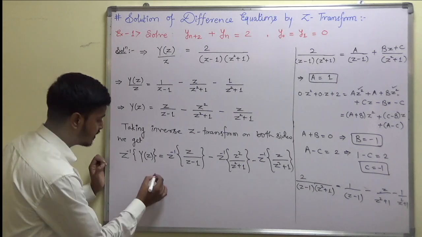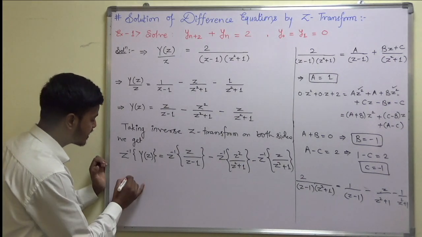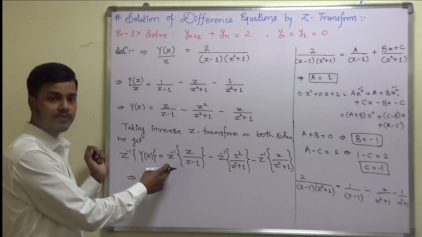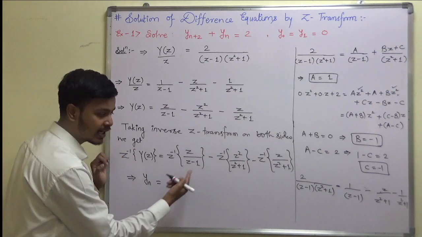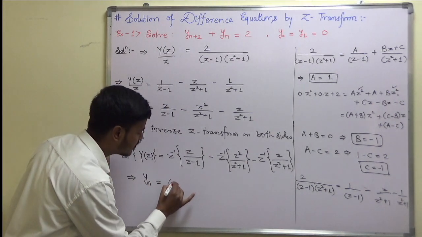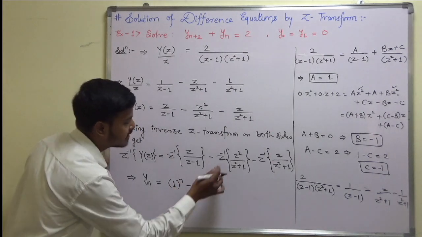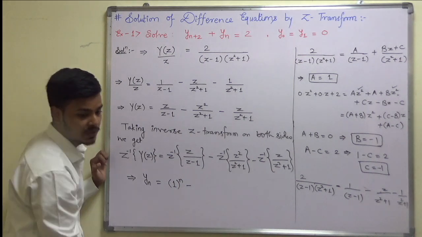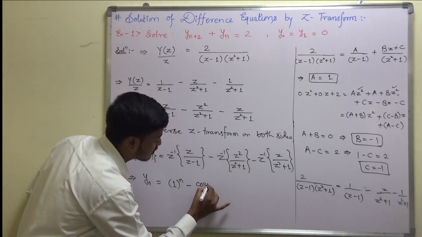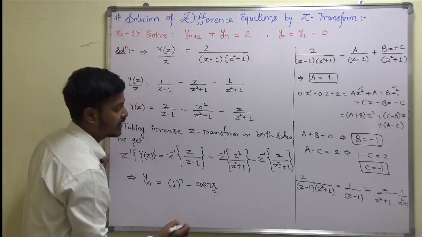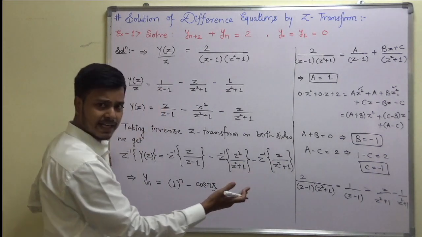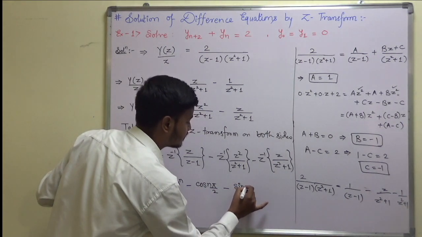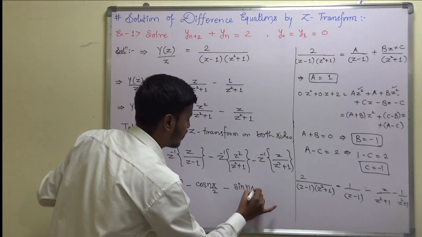Simple. Now what is z inverse of y of z? That is y n, which is equal to the inverse z transform of the first term, 1 to the power n, or simply 1, minus the inverse of this, which is cos n pi by 2, and minus the inverse of this, which is sin n pi by 2.